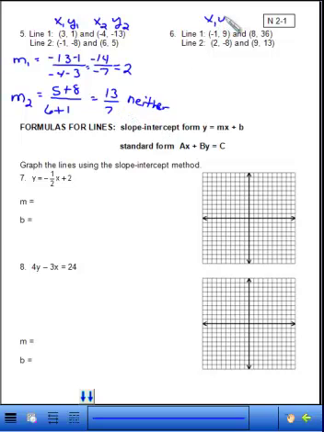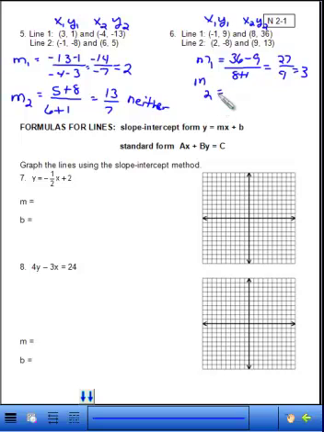Alright, and so now we have x1, y1, x2, y2. And the slope of line 1 is 36 minus 9 over 8 plus 1, which is 27/9, or 3.